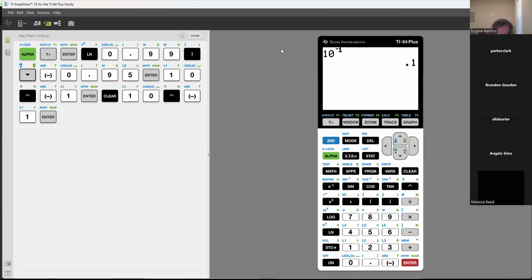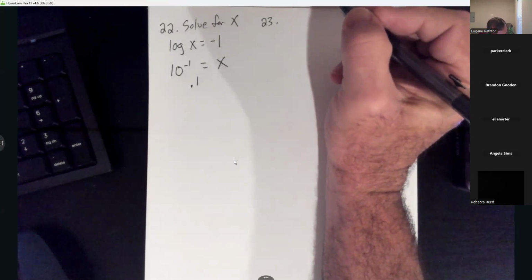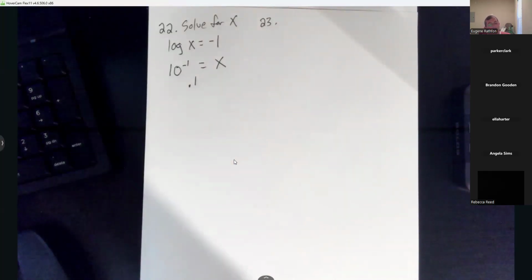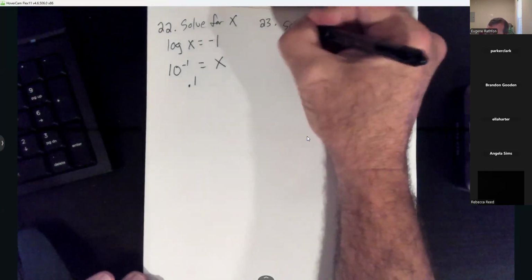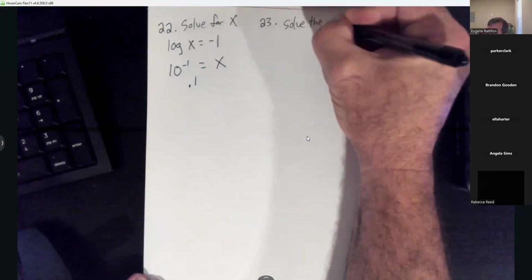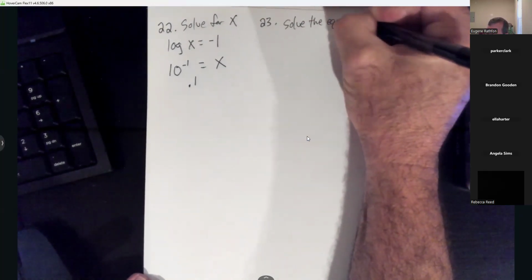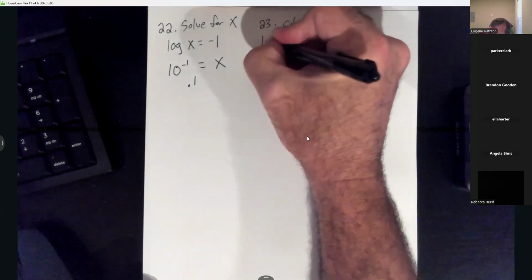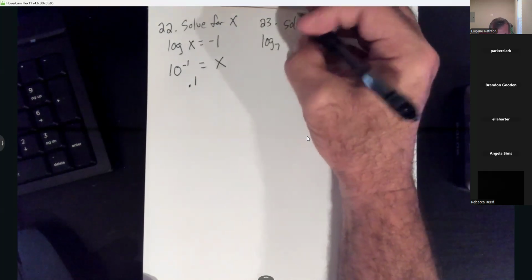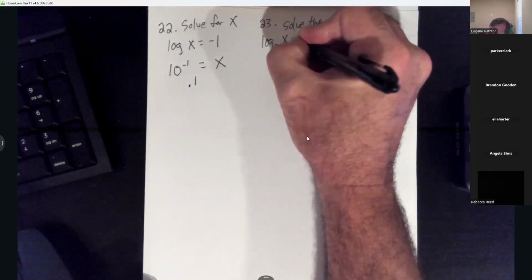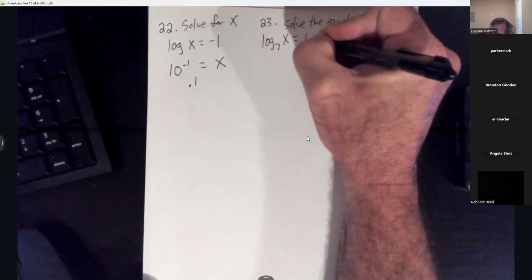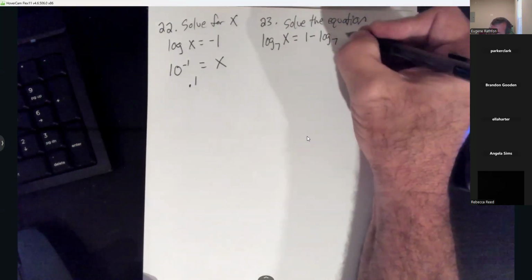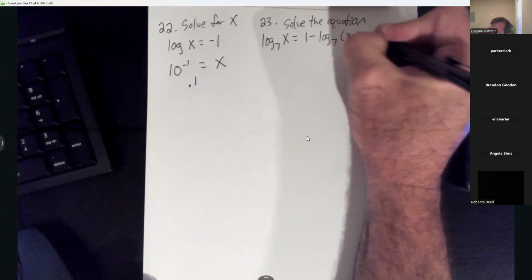All right, let's see. 23 is solve the equation. Let's see what they got us here. They got us log base 7 of x equals 1 minus log base 7 of x minus 6.